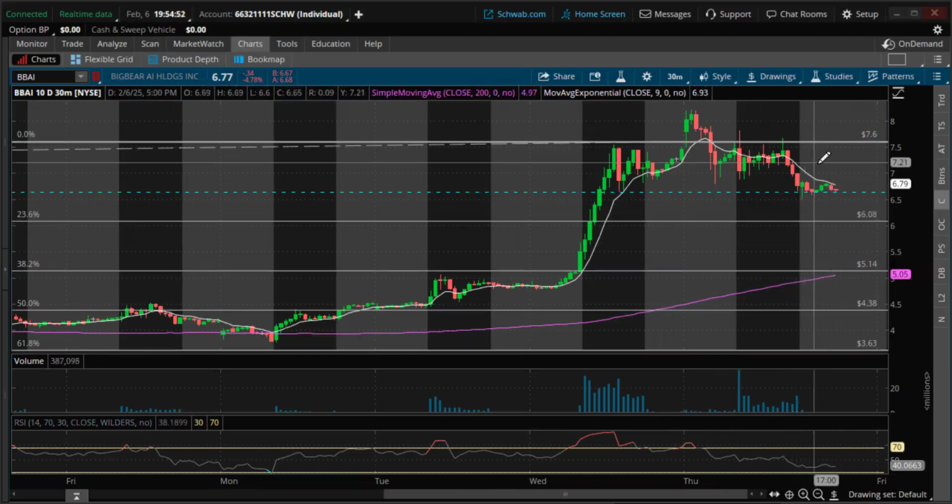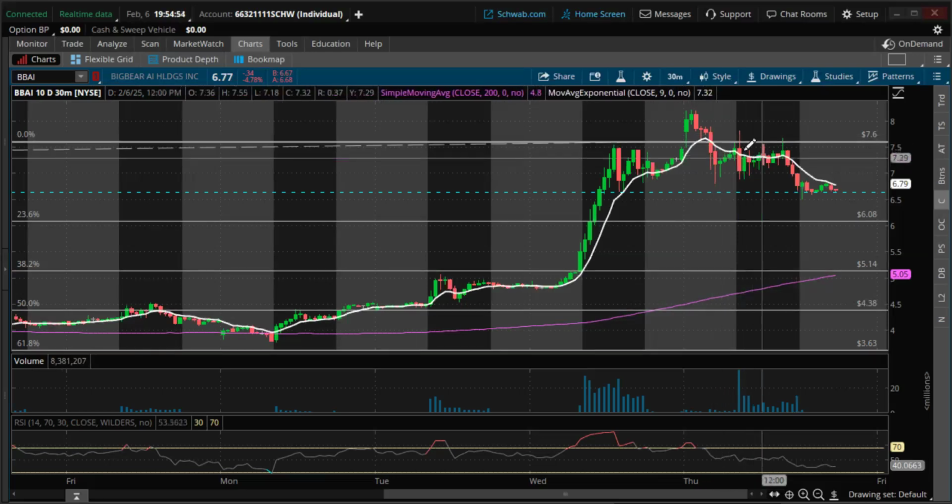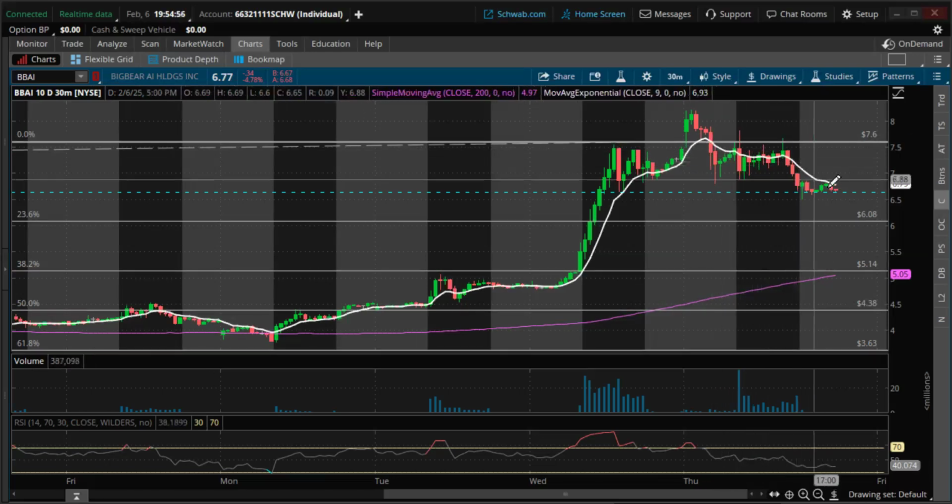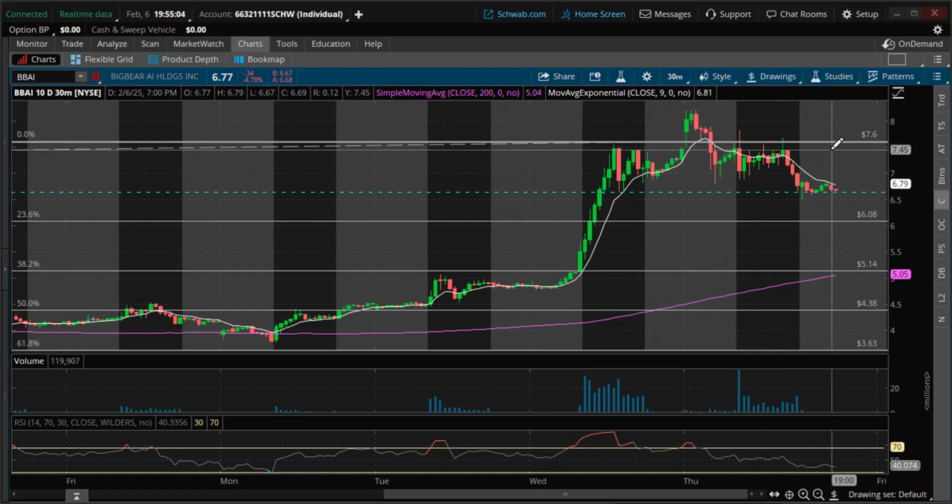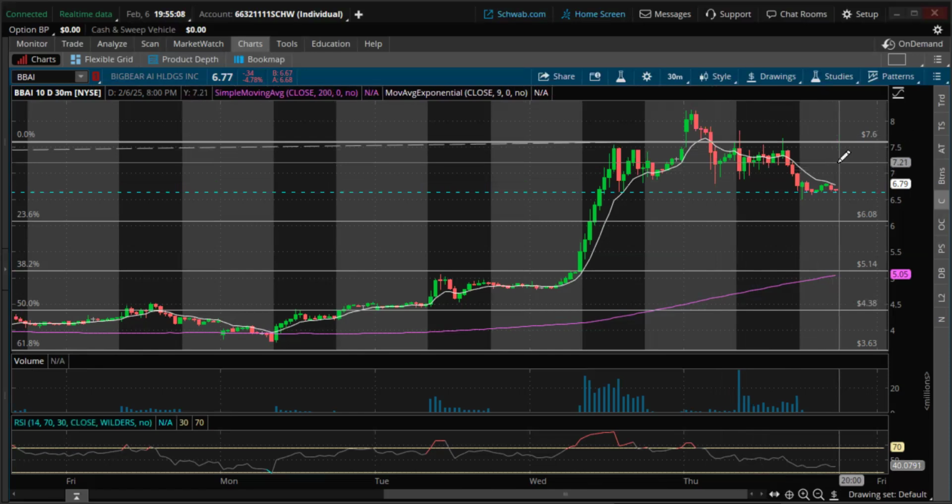Now, resistance wise, what are we going to look at? If we stay with our 30-minute chart, it's going to be this 9-day EMA, currently trading right around the 680 mark in after hours. But what we want to see is a push up into the 745 range, and really the 720s is going to be a nice range for resistance, right around 721.